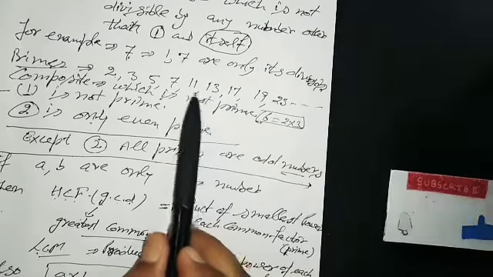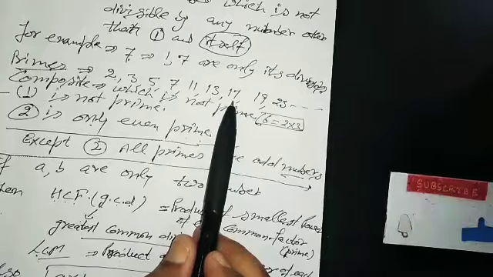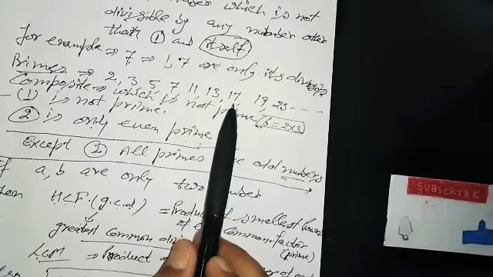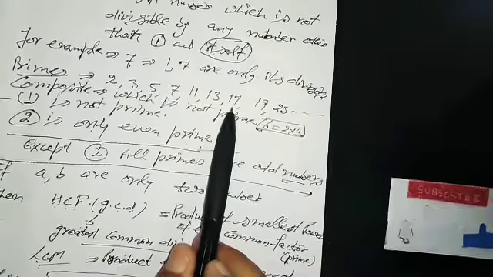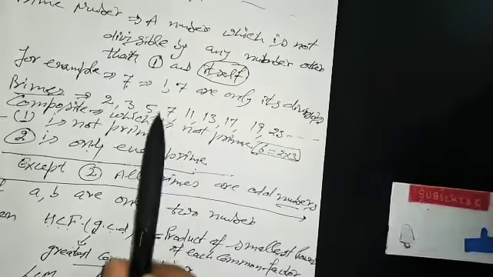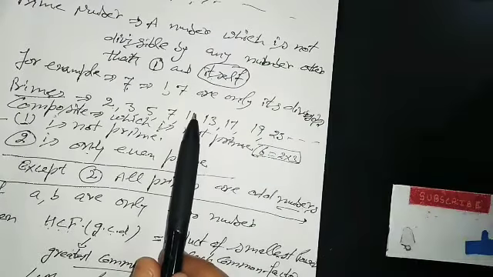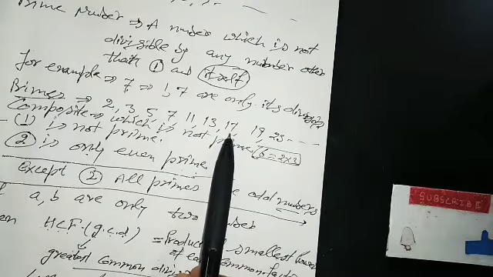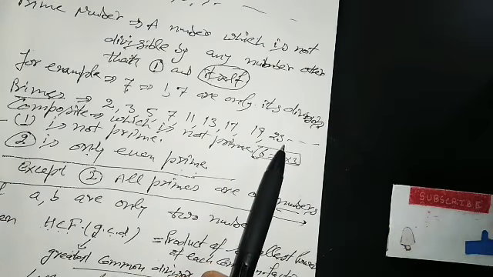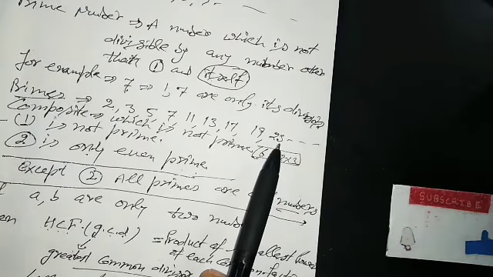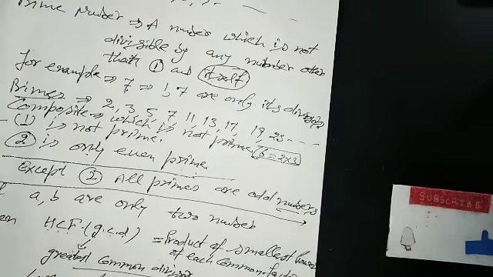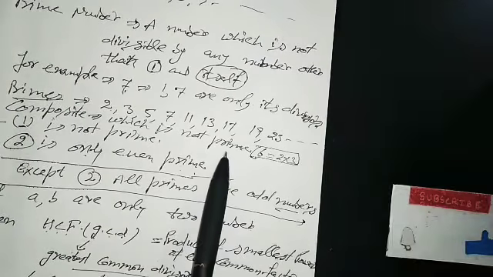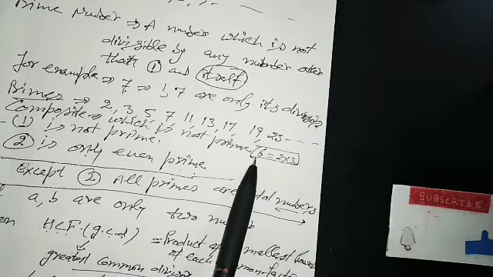If you say this 17 can be written as multiply of 17 and 1. But I have clearly told you that 1 is not prime. So if you write 17 as product of 17 and 1, that is not prime factors. So only composite numbers can be factorized.